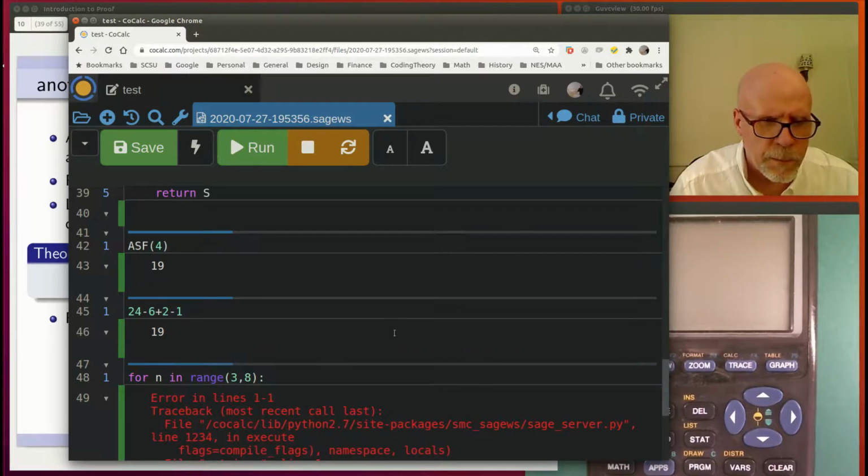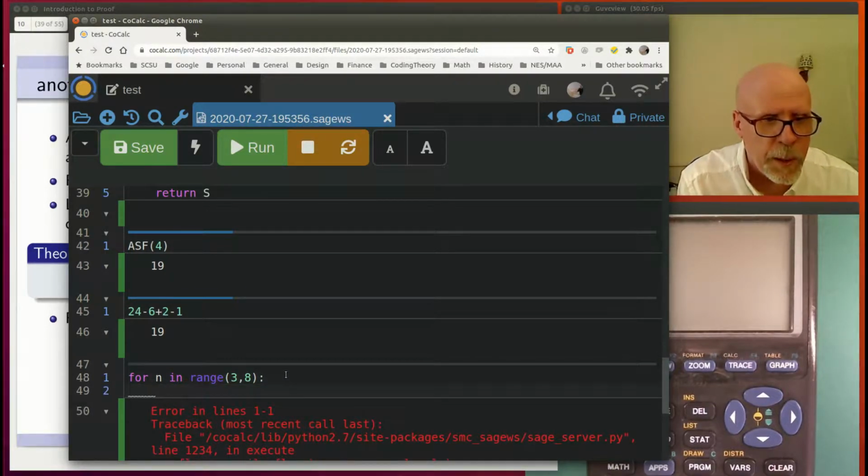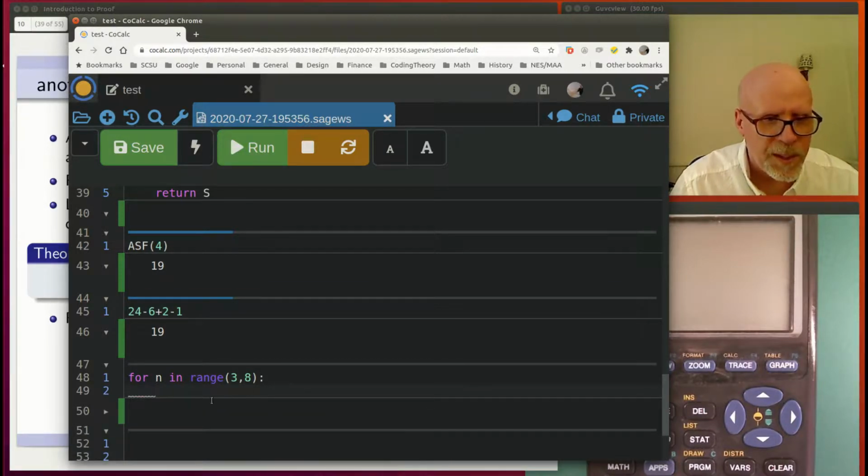Why did I hit shift and enter? I wanted to just hit plain enter. Now that error bar staring at me bothers me, but that'll go away as soon as we actually execute our code. Let's call it, there won't be any name conflict, but out of force of habit, I'm going to call it little s is the sum.